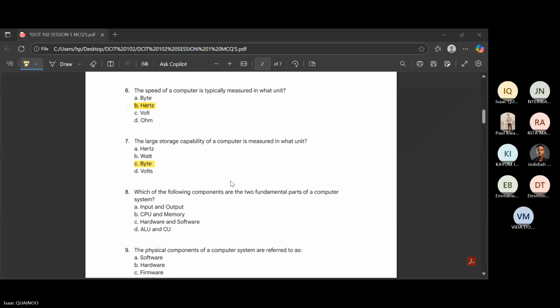Kayuni. I think I'll go for C, the hardware and the software. The hardware and software are fundamental because every other operation depends on these two. You can classify every other component, every other operation, as falling under one of these two. So I believe these are the two main fundamental units.